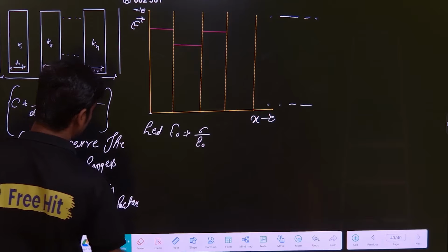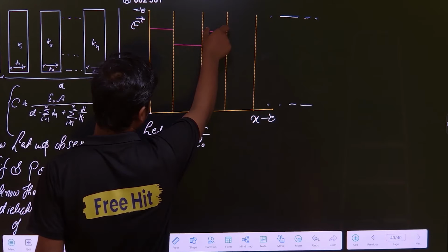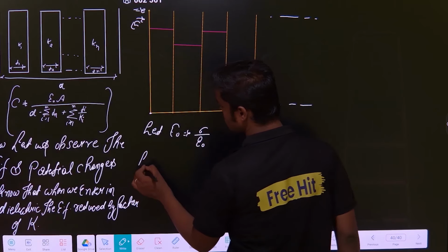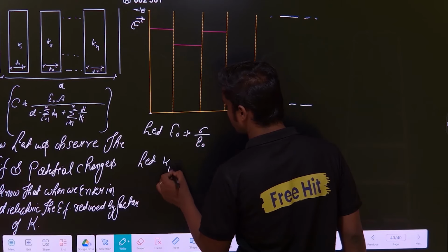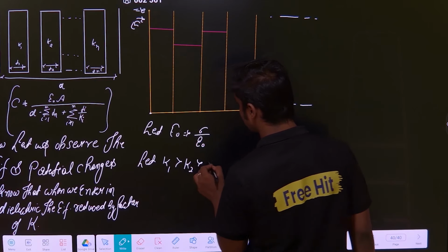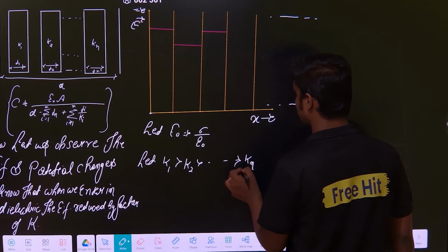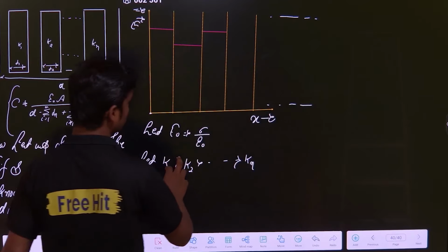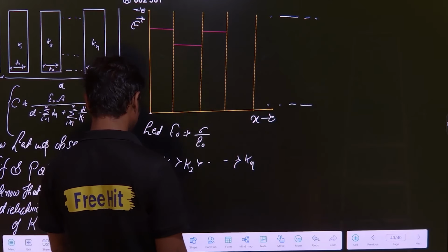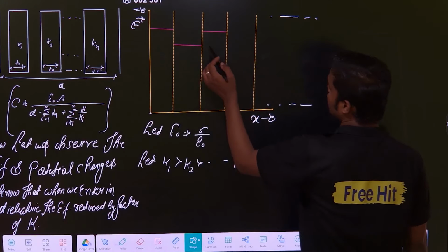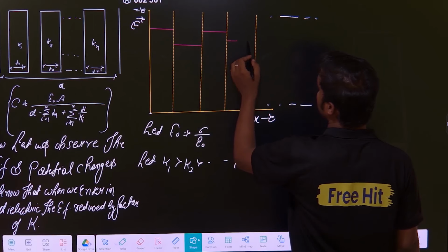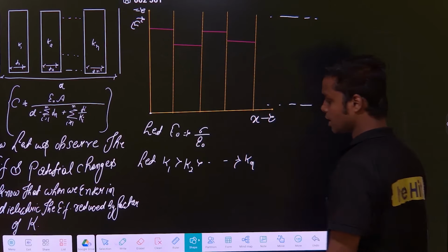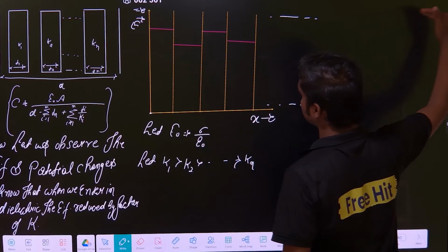Whether this graph will come down below this or be greater than this, for that let us take K1 greater than K2, up to Kn. If K2 is less than K1, the decrease will not be as much as before, so it will be something like this, correct? Like this we get the graph, and so on you can draw.